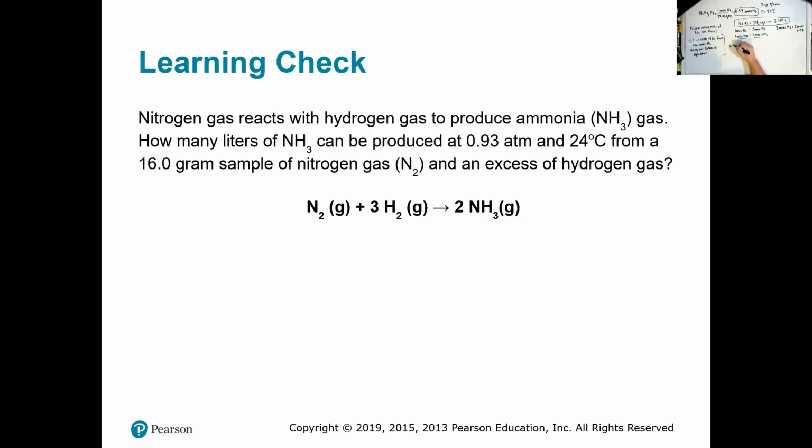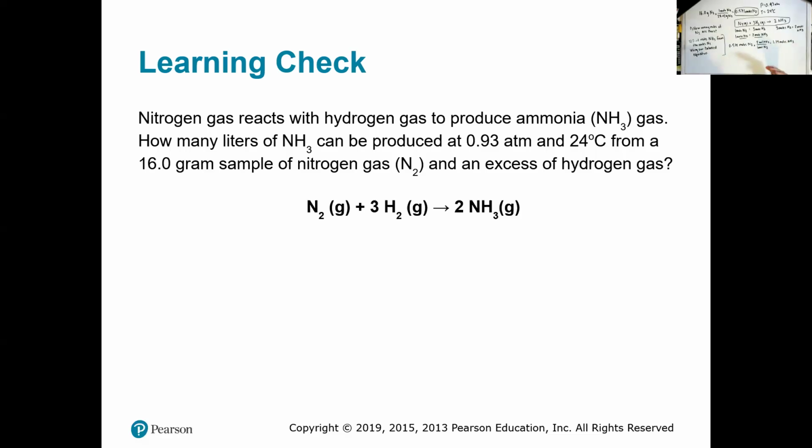I have 0.571 moles of N2, and I know based on my balanced equation that every 1 mole of N2 is going to give me 2 moles of NH3. Okay, that's my second step.